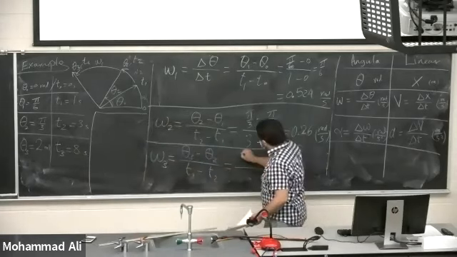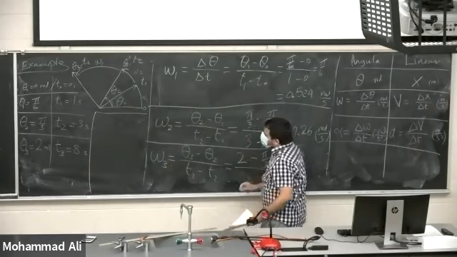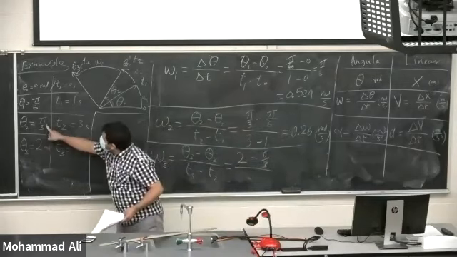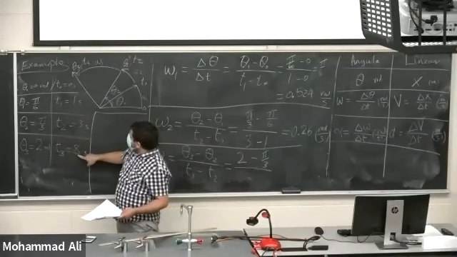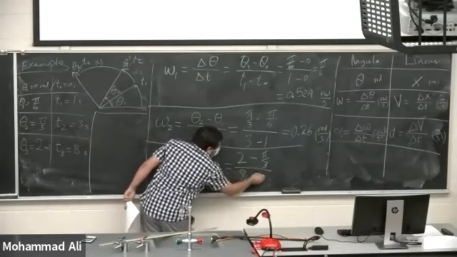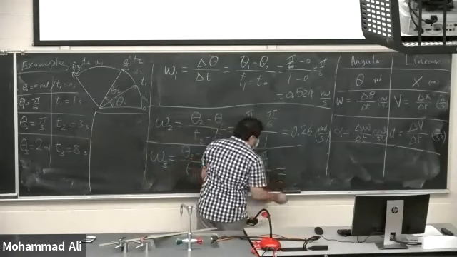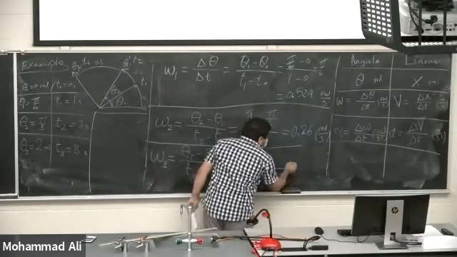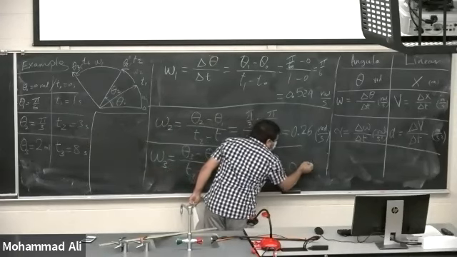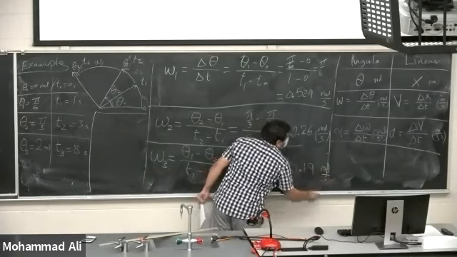It is 2 minus pi over 3, and over 8 minus 3, which is 5. This will give us a new velocity. It will be 0.19 radians per second.